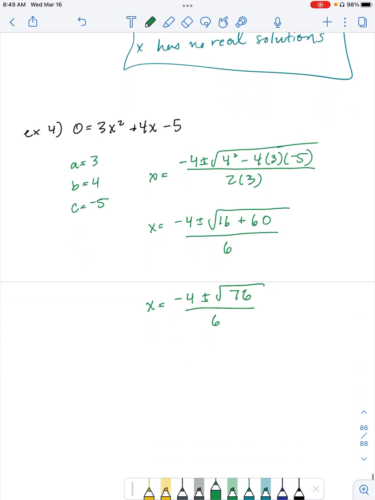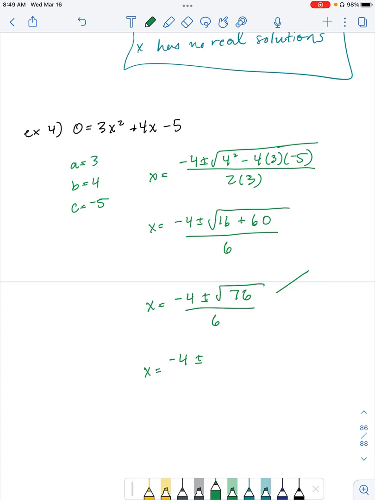And here we get to the point where we see 76 isn't a perfect square. So we check to see if 76 has a perfect square factor, and if so, we need to simplify it. In fact, 76 has a perfect square factor of 4. So negative 4 plus or minus, we rewrite that 76. I'm going to just do that part to the side.